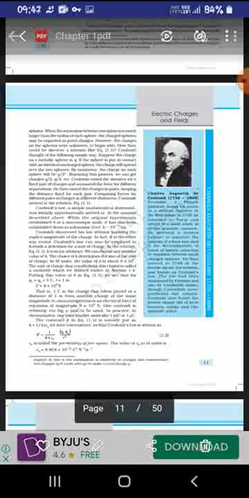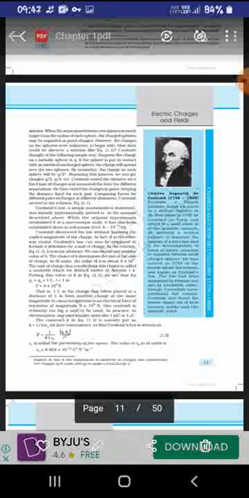Coulomb's law can now be employed to furnish the definition of the unit of charge. Here K is taken as a constant, and the SI value of K is about 9 into 10 to the power 9. So Q1 is equal to Q2 is equal to 1 coulomb, r is equal to 1 meter, so F is equal to 9 into 10 to the power 9 newton.